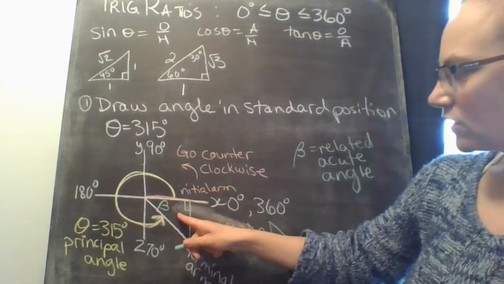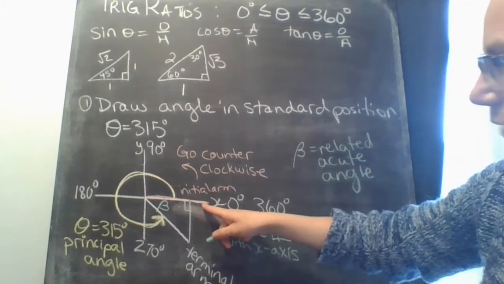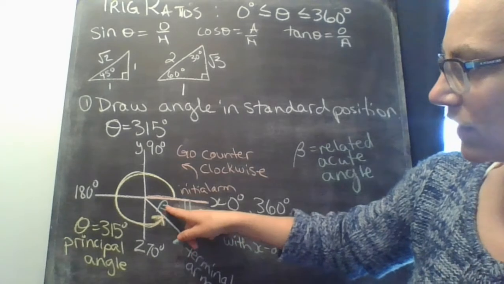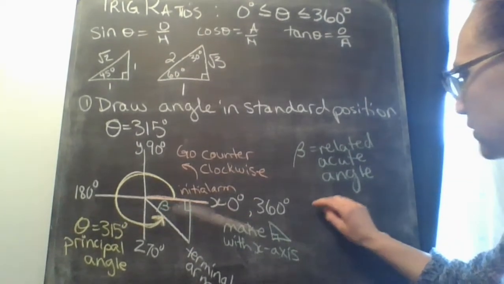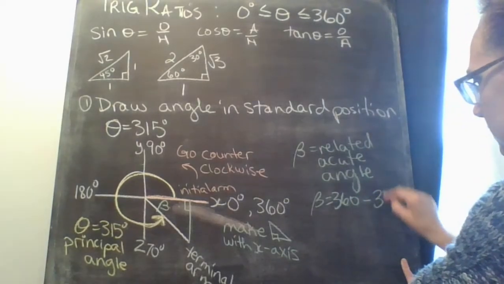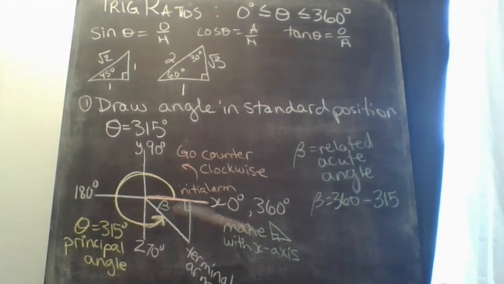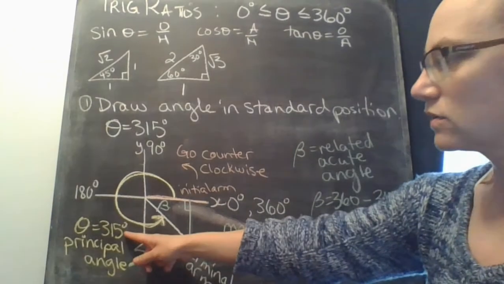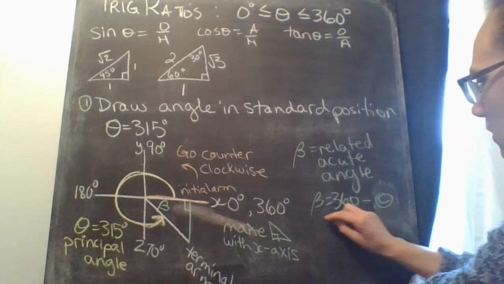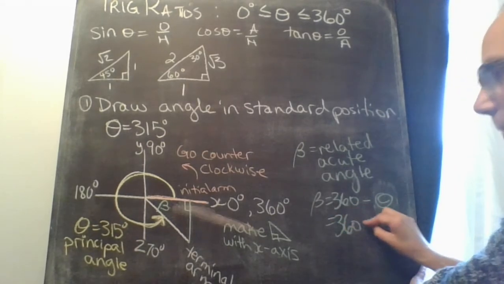So in our fourth quadrant here, remember if we went all the way, we'd go to 360. So 360 is going to be equal to our 315 plus whatever beta is. So beta is going to be equal to 360 minus the angle that we were dealing with, so minus our theta. So that means it's 360 minus 315.